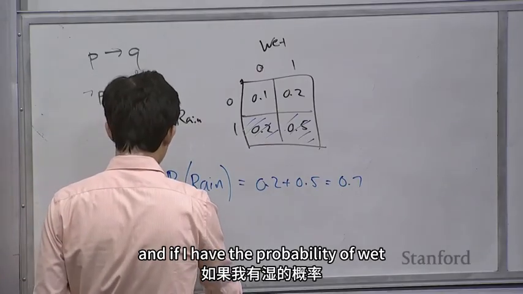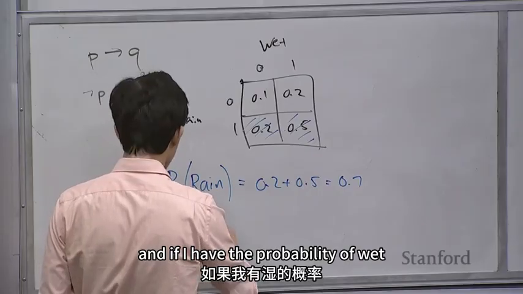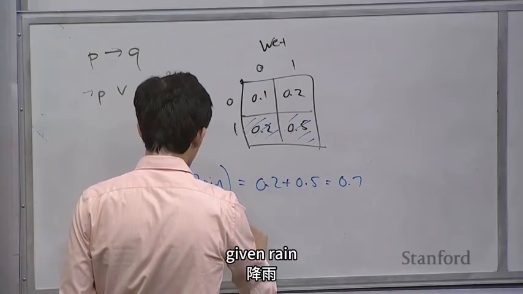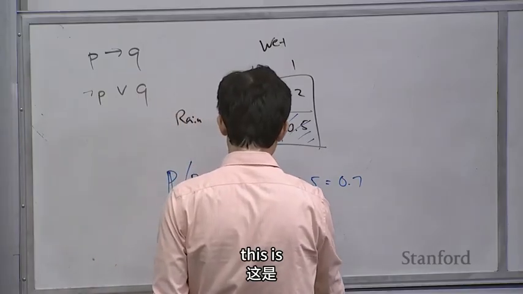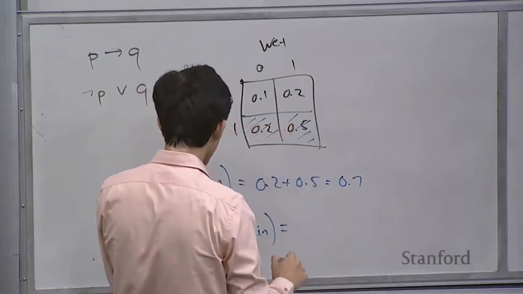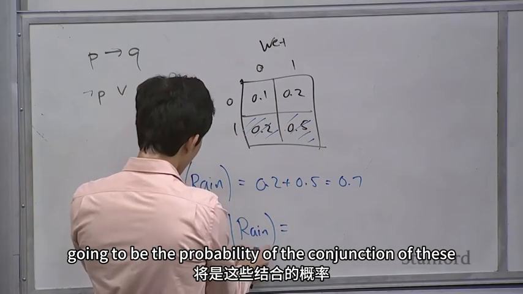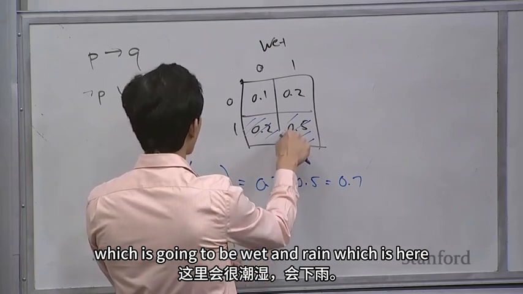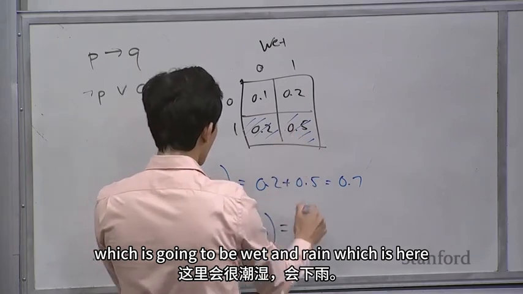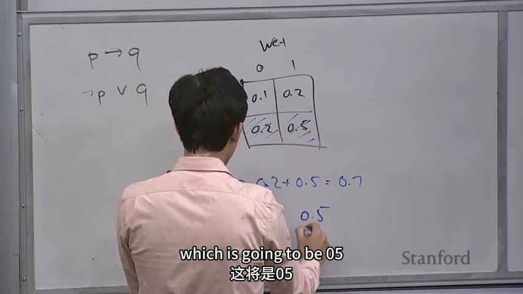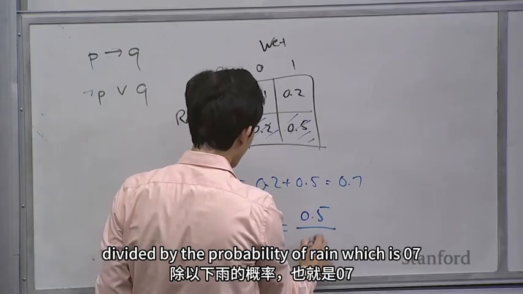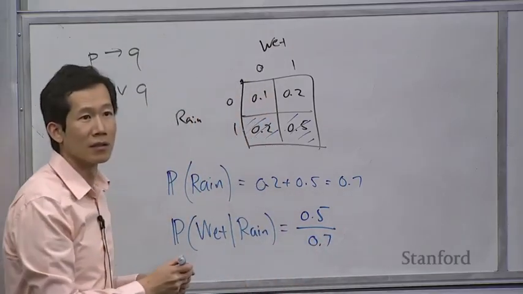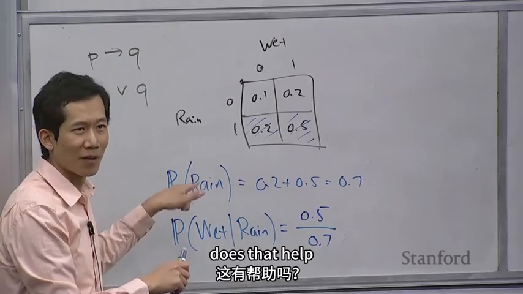And if I have the probability of wet given rain, this is going to be the probability of the conjunction of these, which is wet and rain, which is here, which is going to be 0.5, divided by the probability of rain, which is 0.7. Does that help?